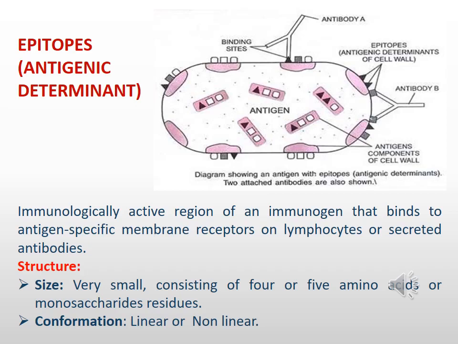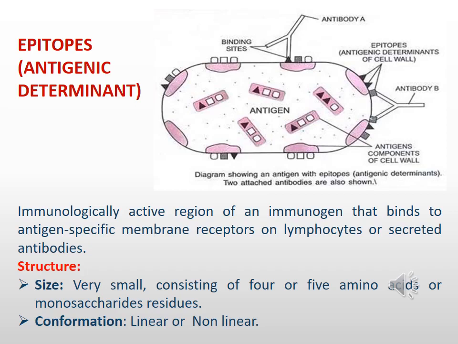So these are the specific sites present in the antigen or immunogen by which they can attach to the membrane receptor on a lymphocyte or the secreted antibodies. That means it has a structure complementary to the receptor which may be present on the membrane of the lymphocytes or the secreted antibody.